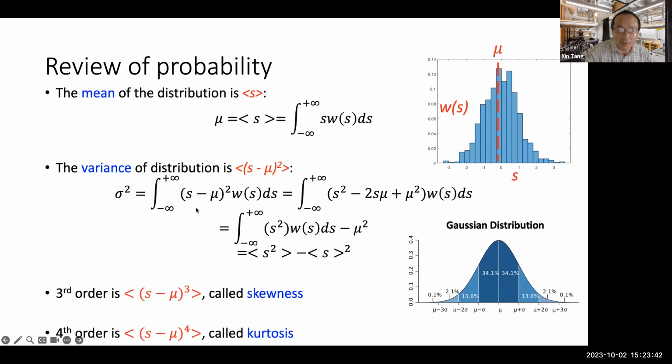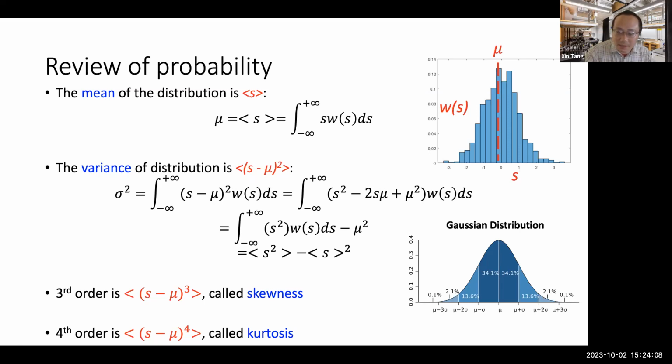So let's calculate this one. (s minus mu) squared equals s squared minus 2 s mu plus mu squared, right? We know this. And then times w(s) times ds. Now, the first term, s squared, this is a positive value.